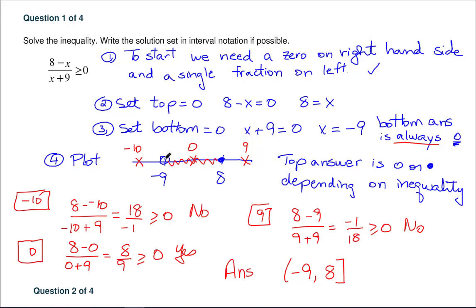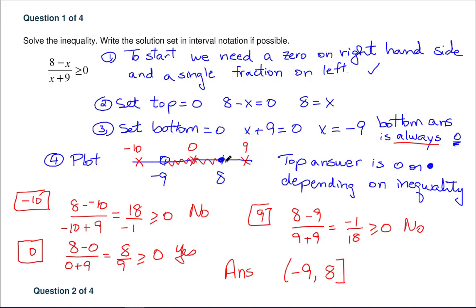Again, whatever makes the bottom 0 is always an open dot. It's not included because if it were, it would make the problem undefined. The 8 came from the top, and the top gets open or closed depending upon the inequality. Well, ours has an equal, so it's there.